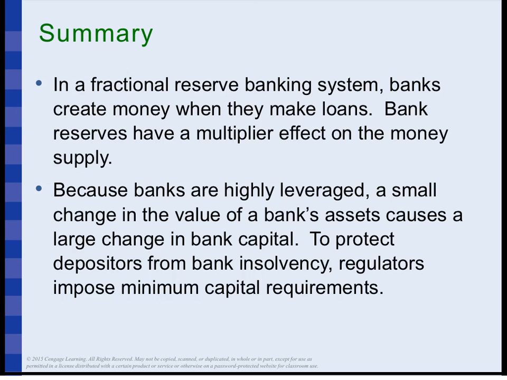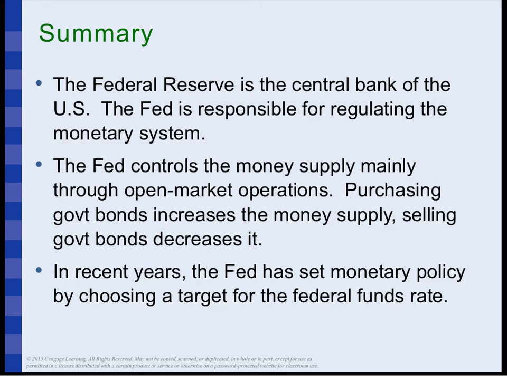Because banks are highly leveraged, a small change in the value of banks' assets causes a large change in bank capital. To protect depositors from bank insolvency, regulators impose minimum capital requirements on the balance sheet of the bank. And then we talked about the Federal Reserve. The Federal Reserve is the central bank of the US, and it is responsible for regulating the monetary system.